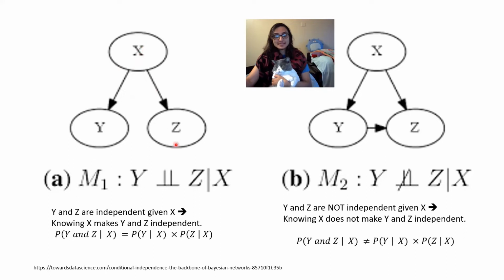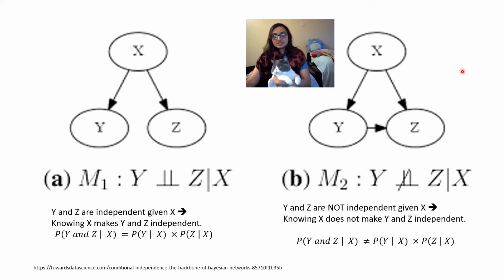X is causing Y and Z. Based on this network, we can say that Y and Z are independent given X. Knowledge about X makes Y and Z independent, and the relationship between Y and Z disappears once we condition on X. So the probability of Y and Z given X is equal to the probability of Y given X multiplied by the probability of Z given X, for all values of X, Y, and Z. So this is conditional independence.